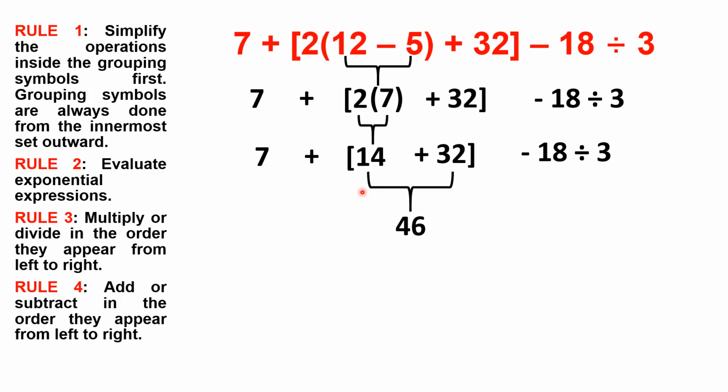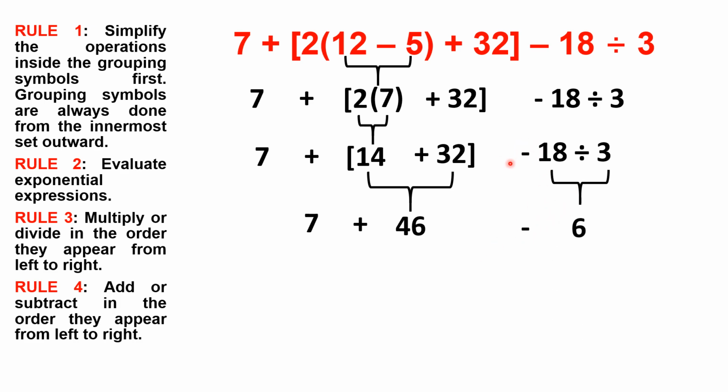And then, since we do not have numbers which has exponents, we can do directly with rule number 3, which is multiply or divide in the order they appear from left to right. So we can solve the operation 18 divided by 3, okay, which is 6.